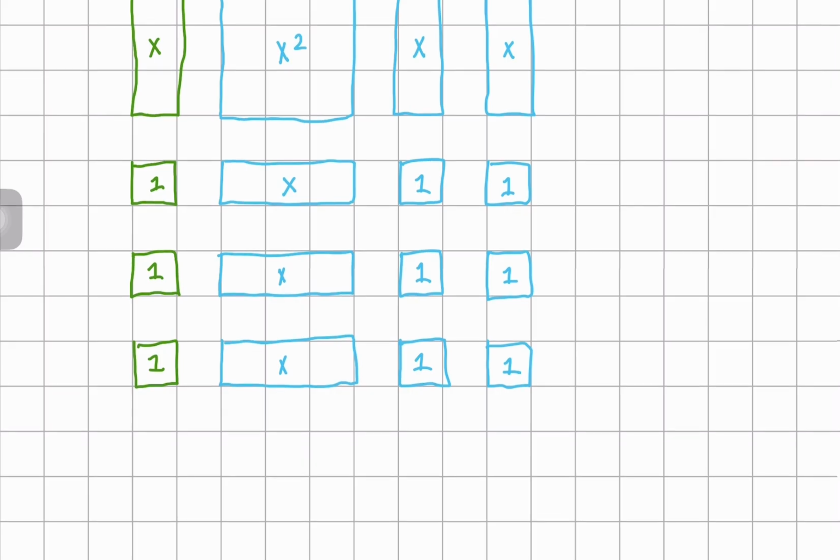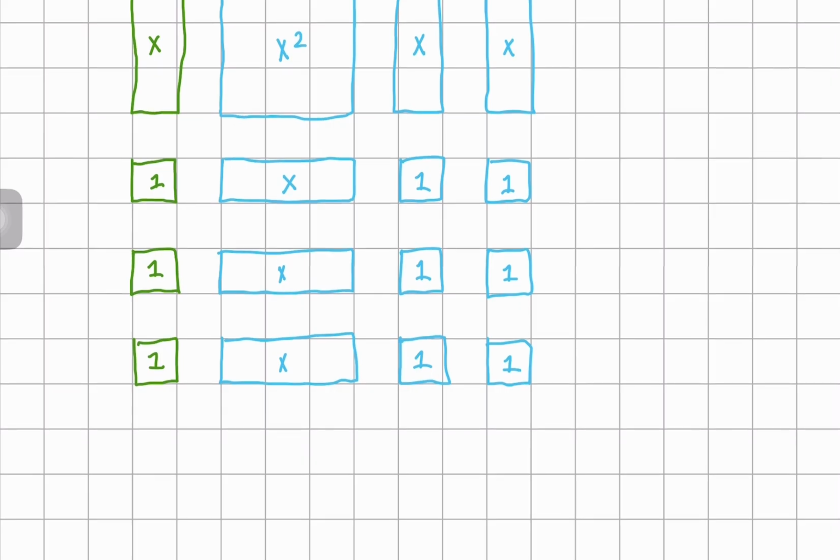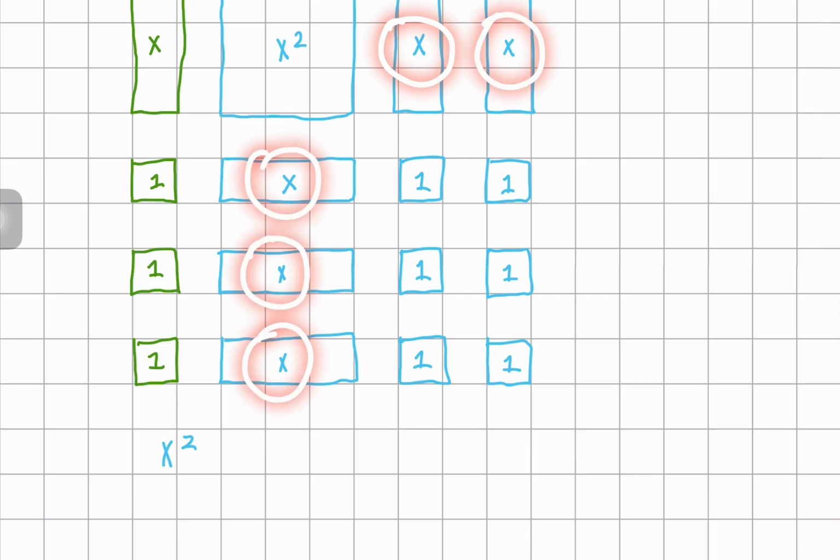So now we want to combine everything. So the first thing we see is x squared, and there are no other x squareds, so we're going to write it as x squared. Next, we want to combine like terms with the x's and then with the numbers. So we have 1x plus 1x plus 1x plus 1x plus 1x.